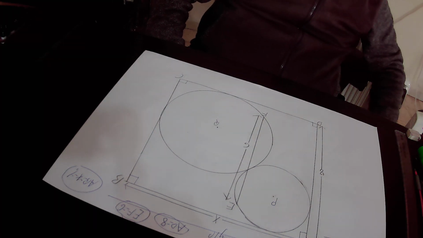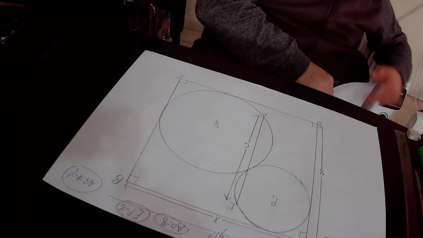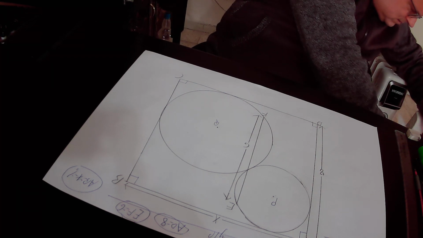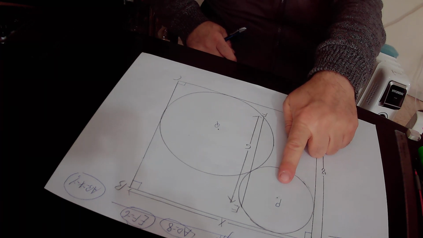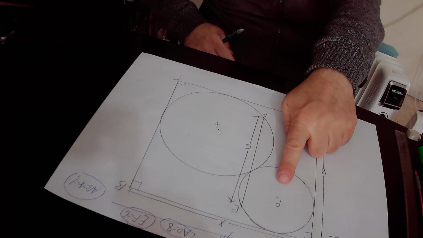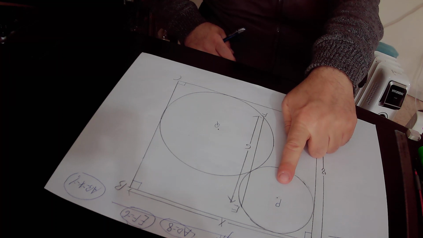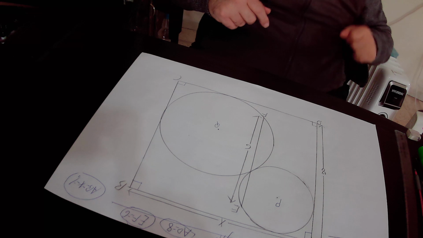Here, from the center of this small circle, that is to say from point P, we will draw a perpendicular on this chord.